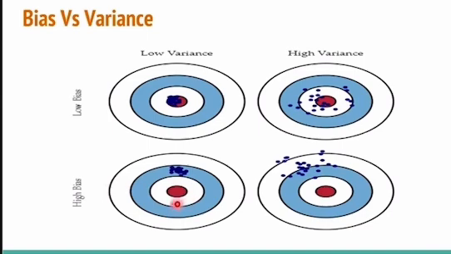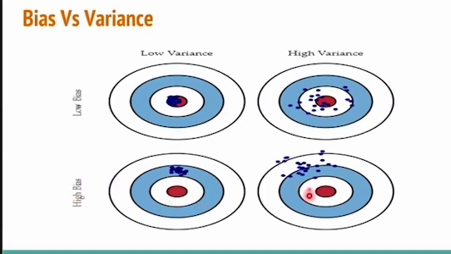Now there's a situation where we have high bias and low variance. A statistician doesn't like this kind of model. You can see all the blue points are clustered. Clustered means there's little variation, but this is far away from the target. Because it's far away from the target, we're going to say this is high bias. That's not good at all.